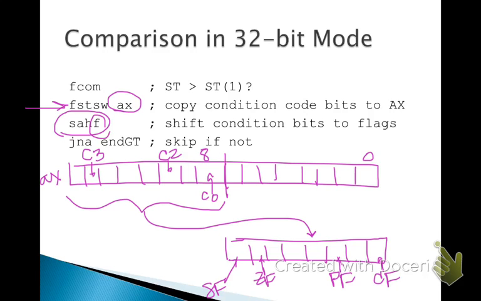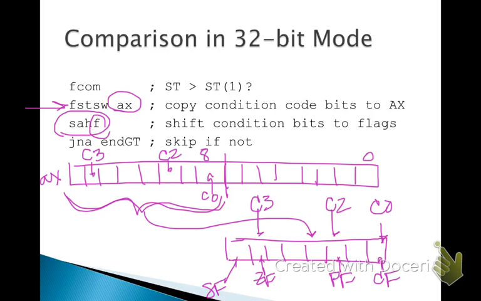It just so happens when we shift these 8 bits to the lower or the least significant 8 bits in E flags, C3 corresponds to the 0 flag, C2 corresponds to parity, C0 corresponds to the carry flag. Okay?